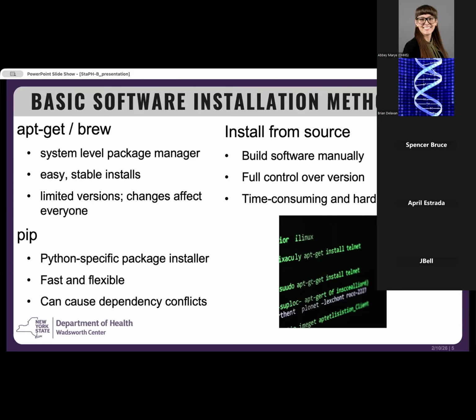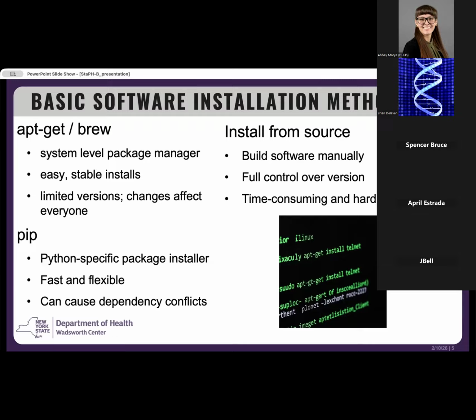However, this approach is time consuming and requires lots of expertise. More importantly, it's a difficult process to document and reproduce down the line when others might need to use these tools. If someone else needs to rerun your analysis, or if you need to rebuild the software on a new system, it can be very hard to recreate the exact same setup.